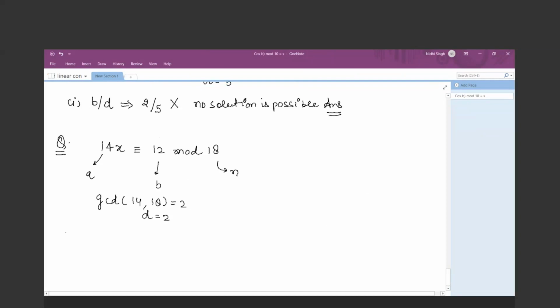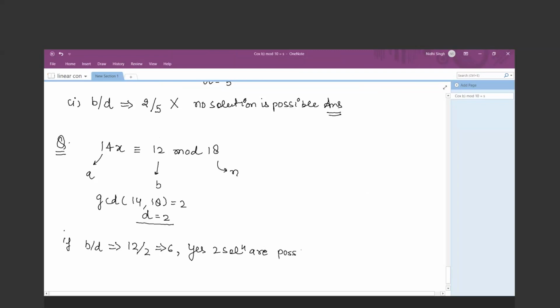Now check for the solutions. So if B is divided by D, what is the value of B? That is 12 and the value of D is 2. So 6, yes, it is divided. So we can say there are D solutions. कभी 6 solution मत लिखना, ठीक है? There are D solutions possible. So yes, 2 solutions are possible.